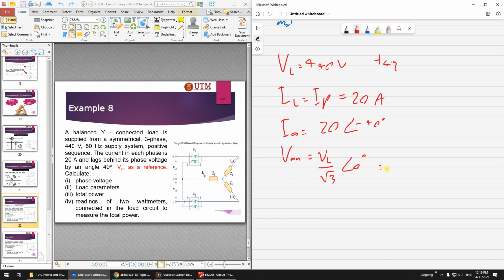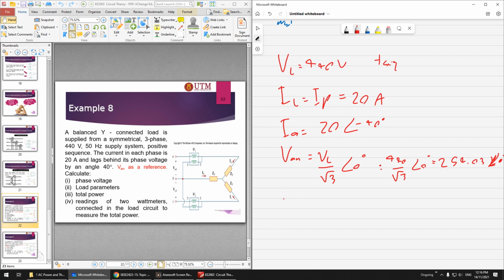Sorry, this is VL. Remember VL equals square root of 3 times V phase. So VAN is 440 divided by square root of 3 angle 0 degrees, which equals 254.034 angle 0 degrees. Okay, so this is the first phase voltage.